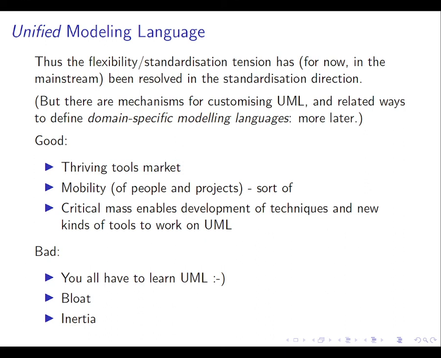So good things about resolving this tension in the direction of standardization are that we now have a thriving tools market, so there are thousands of different tools supporting UML at all different price points, and some of them are online and some of them are integrated with integrated development environments, and others are freestanding, and so on and so forth.